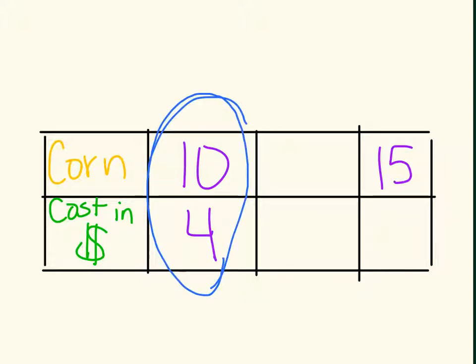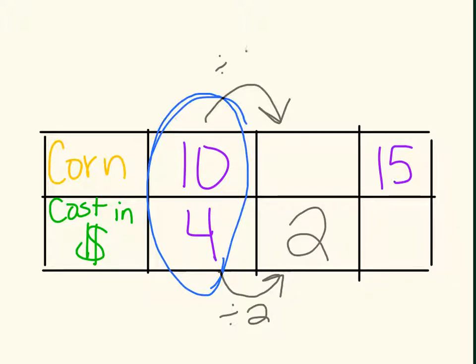So I think I'm going to divide both by 2. Now if I divide 4 by 2, I get 2. If I divide 10 by 2, I get 5. Now, is there something I can multiply 5 by to get to 15?